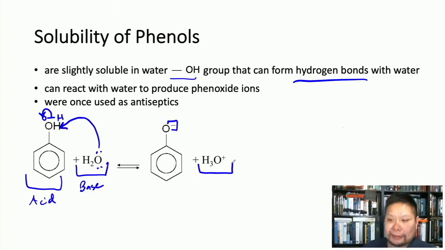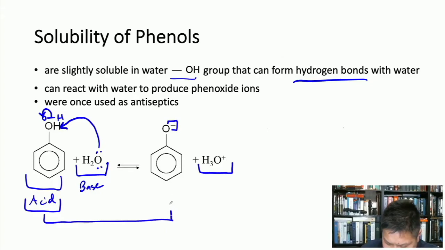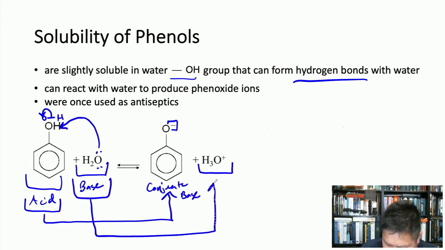So if you remember from your acid-base chemistry, if this is the acid, then this is what? A conjugate base. And if the water is the base, then that is what? The conjugate acid. Conjugate acid.